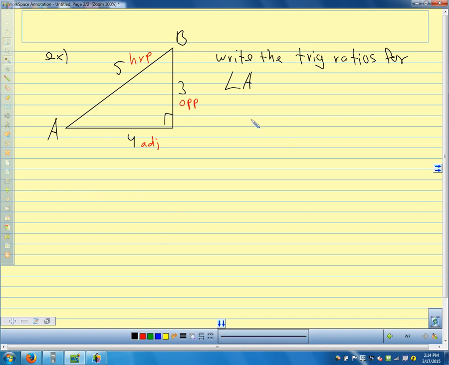All right, so now the problem's just asking us to write the ratios. So the sine of angle A is the opposite over the hypotenuse. And I can write this out just so we see it. 3/5. Cosine of angle A is the adjacent over the hypotenuse. 4/5.